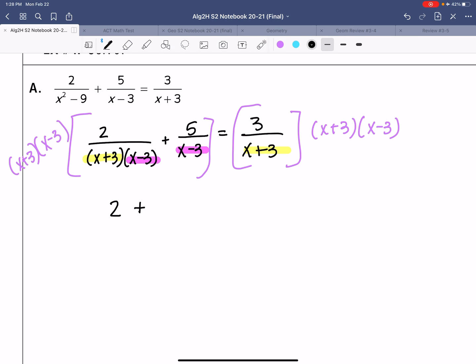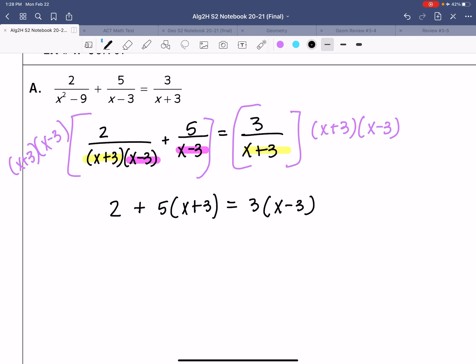Plus, on this next one, the x minus 3 and the x minus 3 will cancel. So I'll still have 5 times this x plus 3. So I'm going to get 5 times x plus 3 equals, on the other side, the x plus 3 and the x plus 3 are going to cancel each other out. So then I have 3 times this x minus 3.